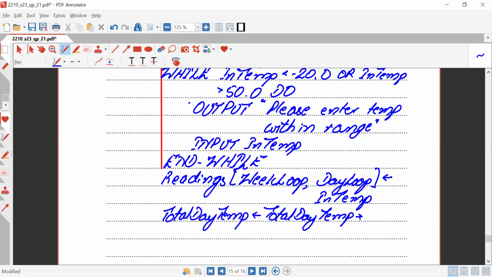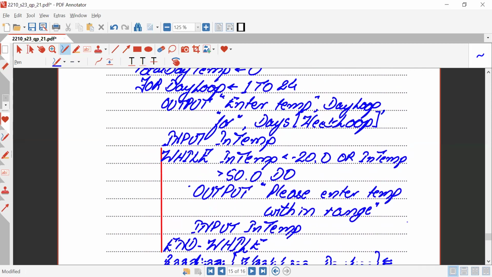Do remember they have asked us to take the round value till one decimal place. So we will be adding total day temp plus, although we need to write in temp over here, we will be placing a round function over here, round in temp comma 1. That means till one decimal place we have rounded it off.